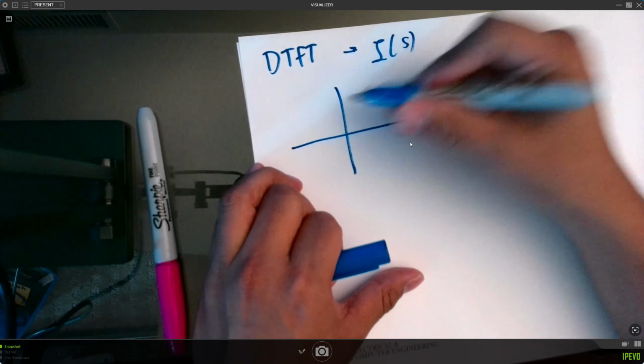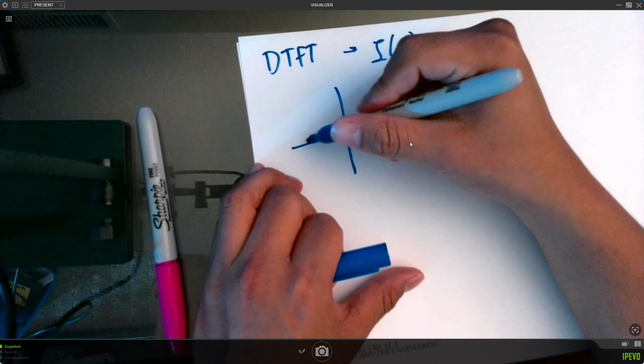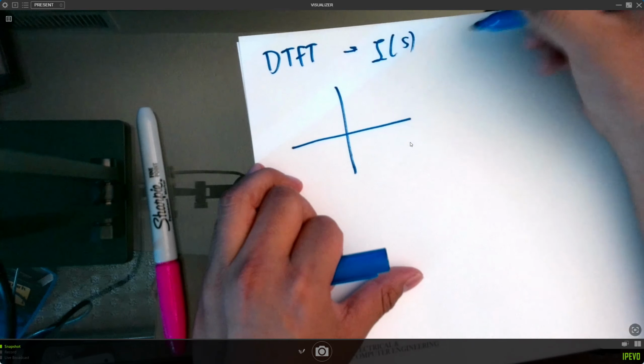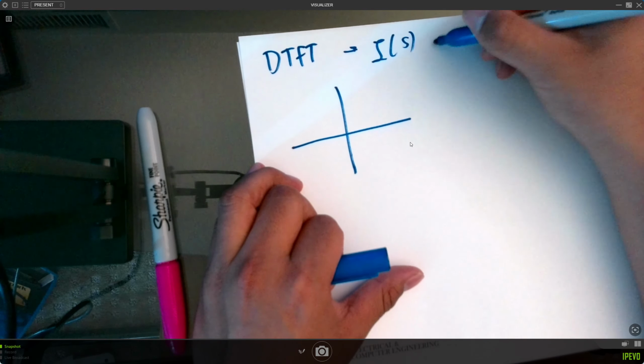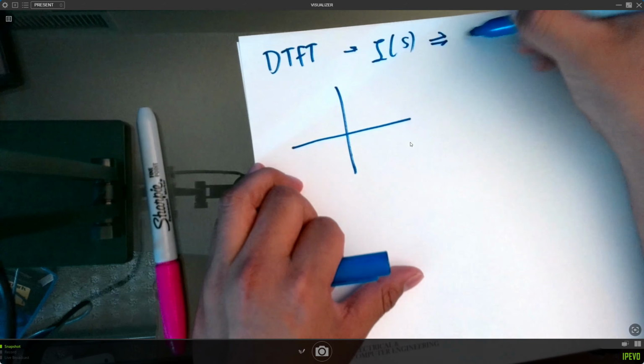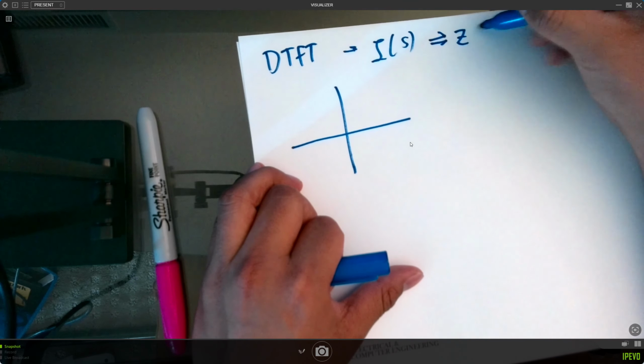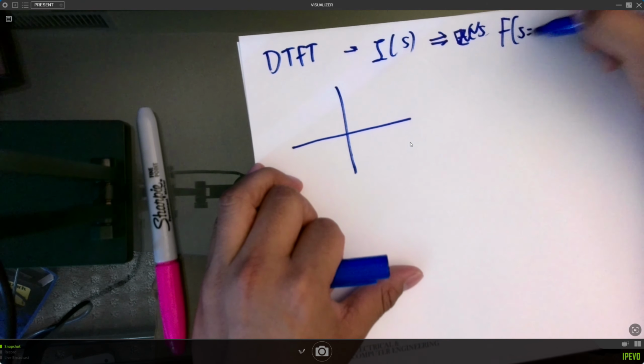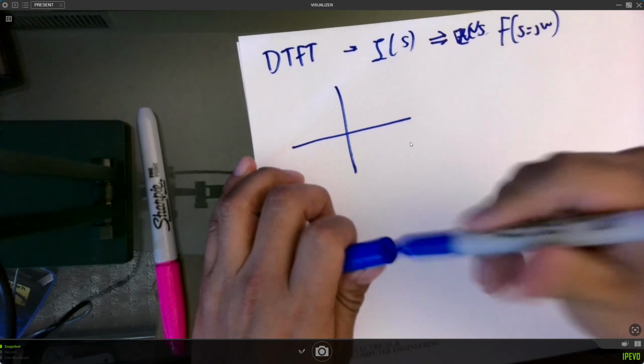So if we have some signal that we want to map into the Laplace domain, we would plot whatever you want to. However, remember how we can go from the Laplace domain to the Z domain. Let me try to explain this way, where S is equal to just the real part.